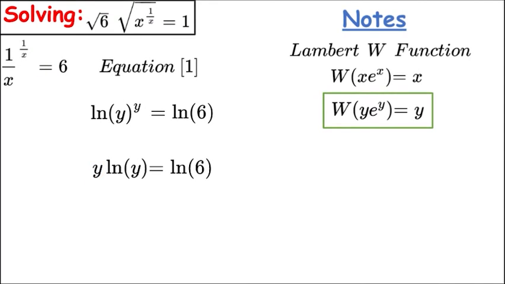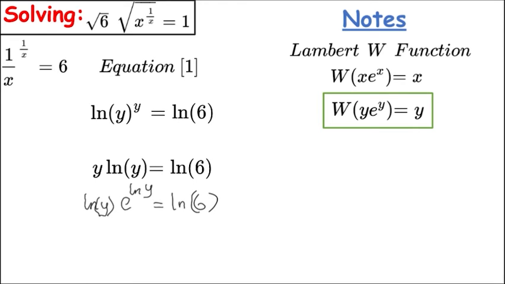We need to create this form here and match it up over here to apply the Lambert function. So we're going to go with the ln of y, which is already there, and we're going to replace the y with e to the ln of y, which is y, and that's equal to ln of 6.